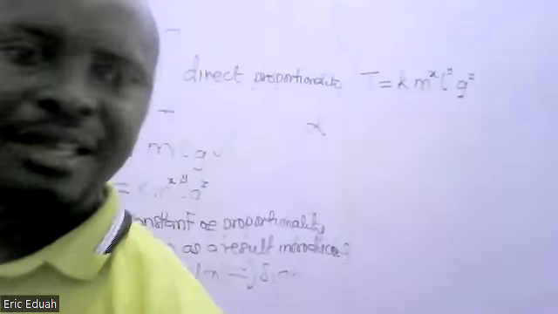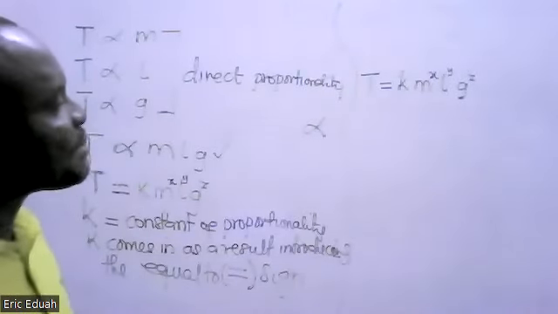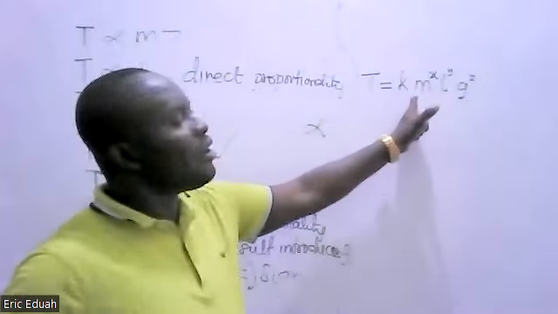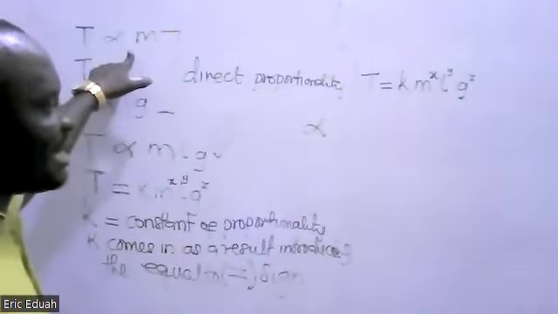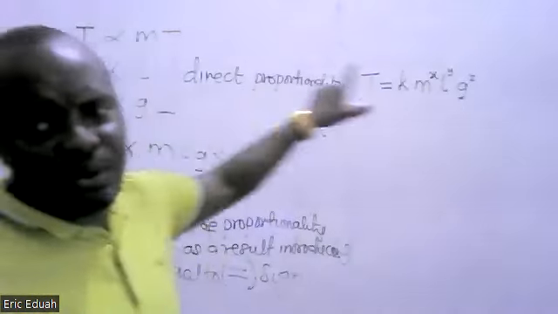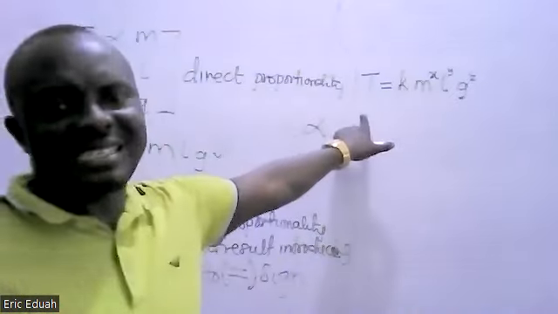The next method is to substitute the dimensions of all of them. M is mass, L is length, G is gravity, and T is time.